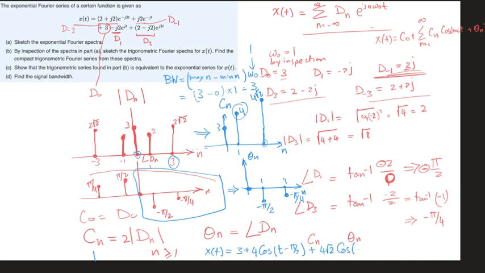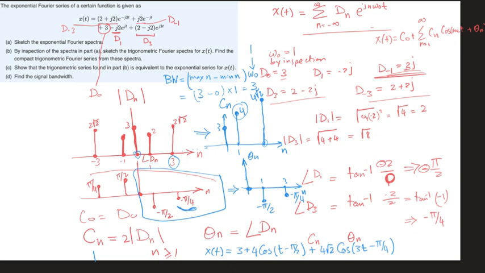So the cosine will not have t, it will have 3t. And then the angle associated with that, theta 3, is minus pi over 4. And that's it, because in the trigonometric form we don't have negative sides. It's only positive. So we have 0, 1, we don't have 2, and then we have 3. That's the magnitude, and that's the phase of 3. So that's how you write the compact expansion completely.